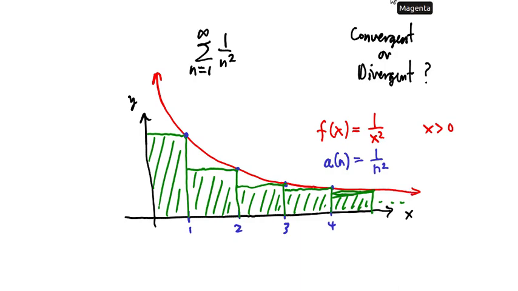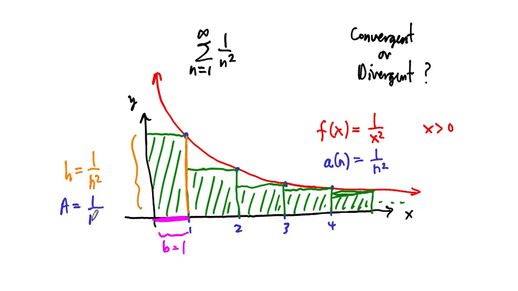But when we look at the areas of these boxes, we notice that the base of each one of the boxes is equal to just 1, right? And the height of each one of these boxes is the 1 over n squared. And so the area of each box is exactly what we're looking for: base 1 times height 1 over n squared.